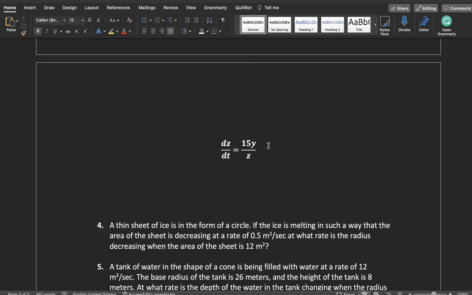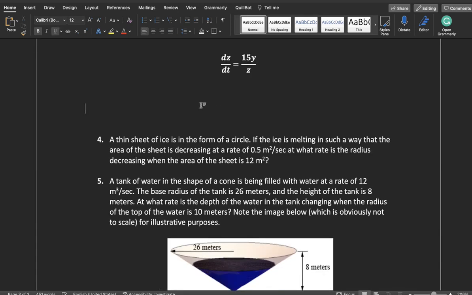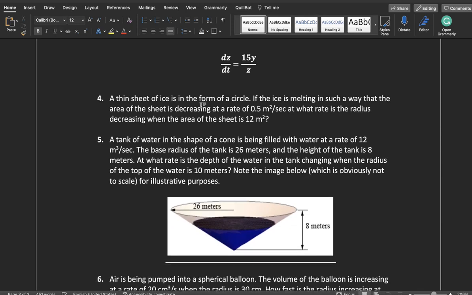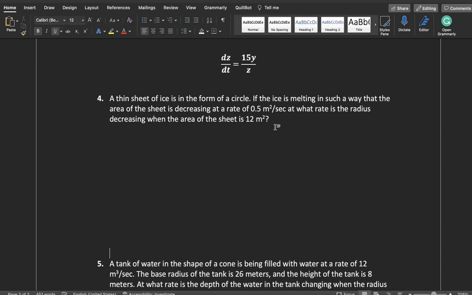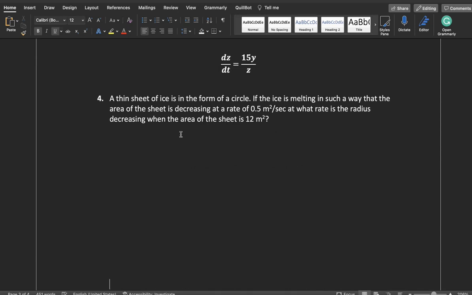Moving on to question 4. Let's just make some space here. So we're given that a thin sheet of ice is in the form of a circle, okay?